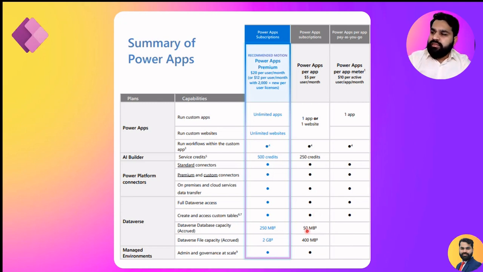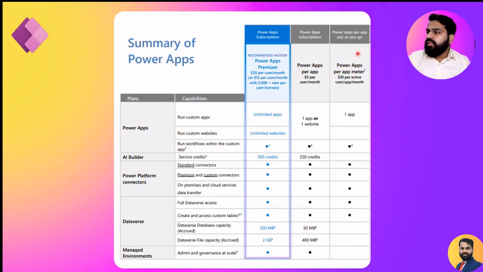Along with that, per license, 50 MB of database capacity will be added to the tenant. In case of Power Apps Premium, it was 250 MB. Along with that, file storage capacity of 400 MB will be added per user for the tenant. Similarly, for managed environment, they will have access to admin and governance at scale.